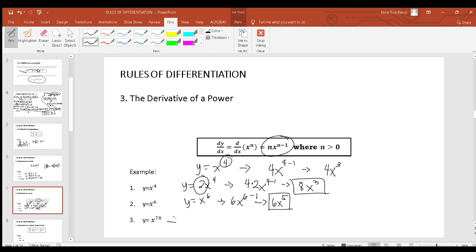Last, how about y is equals to x raised to 78? Okay, i-bring down natin yung 78. And then, x raised to 78 minus 1. Therefore, y prime is equals to 78x raised to 77.